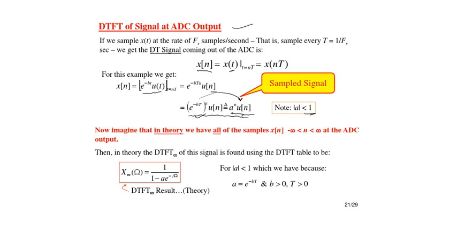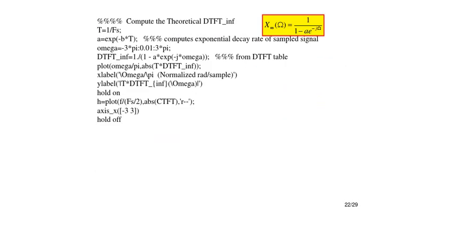When we plot this using MATLAB, you can simply define capital omega from minus 3 pi to plus 3 pi, right? Because the DTFT is periodic and we are interested in the band minus pi to pi, but we can also draw replicas. Although we can draw many replicas, for visualization purposes we can draw two replicas along with the main spectrum. So the DTFT in MATLAB can be written as 1 upon 1 minus a e to the power minus j omega, the same expression, and then you can plot it, right?